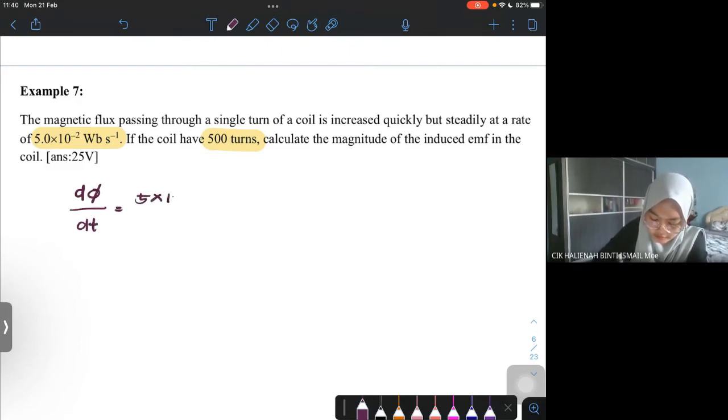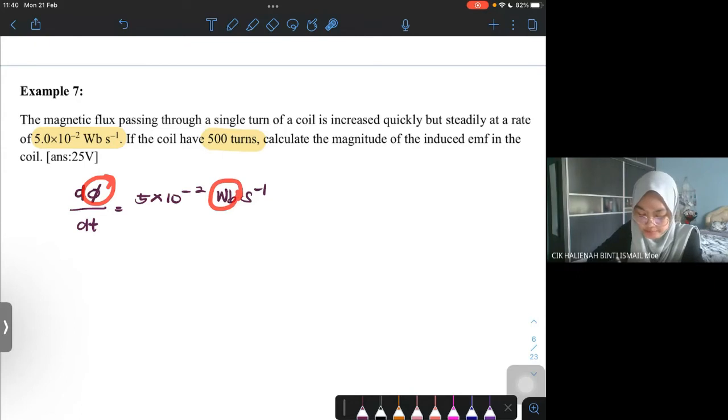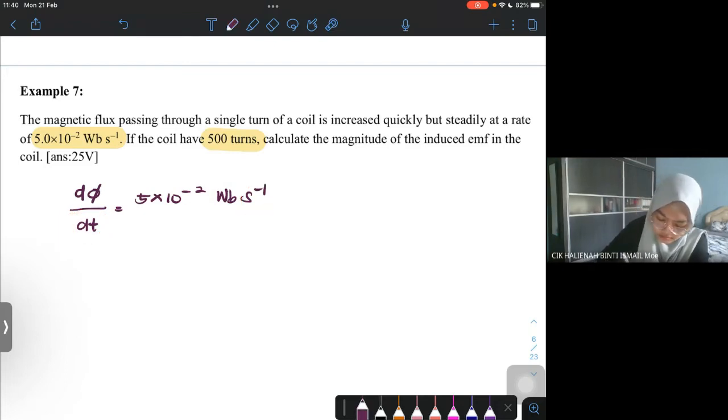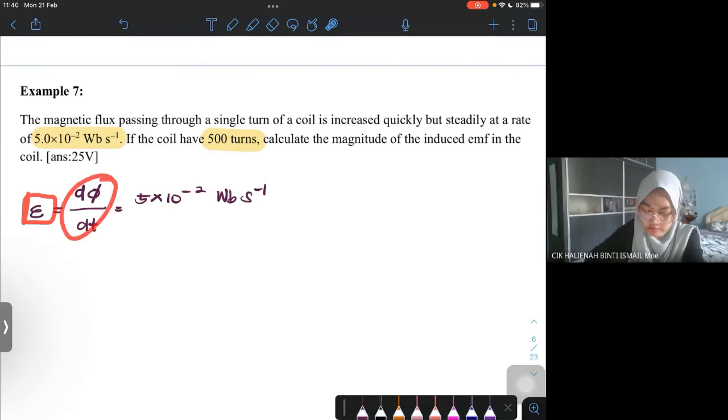It is equal to 5 exponent negative 2 Weber per second. Since magnetic flux, dia punya unit adalah Weber, ataupun Tesla meter square, and then time is just second. And since according to Faraday's law, induced EMF is equal to dΦ over dt.